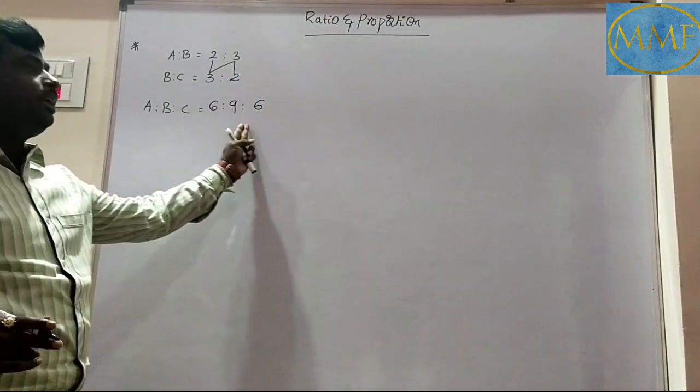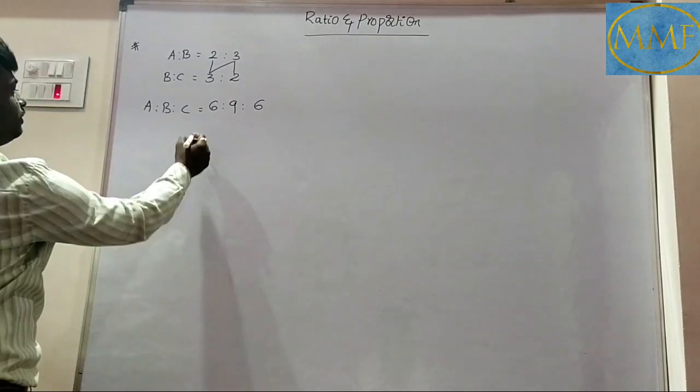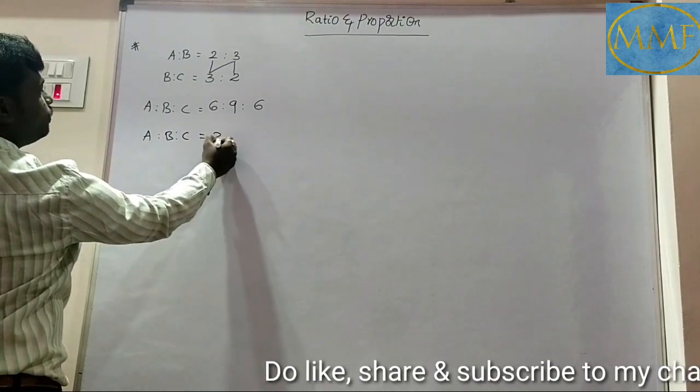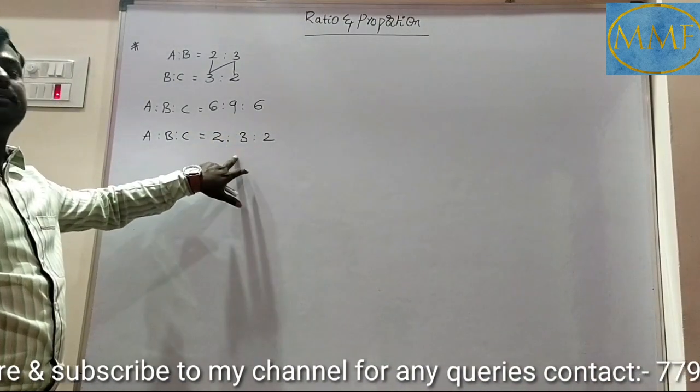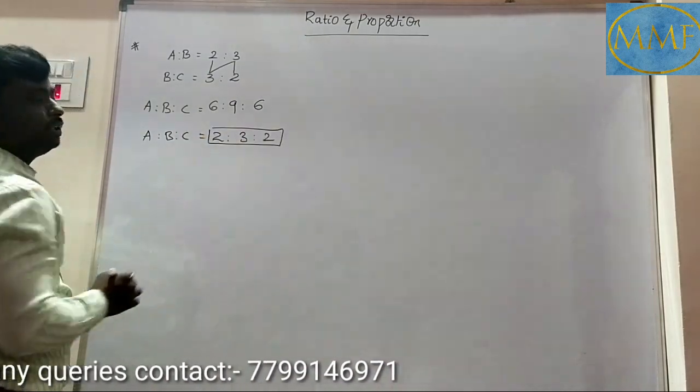Are these numbers divisible by any number? Yes, it is divisible by 3. So 3 2s are 6, 3 3s are 9, 3 2s are 6. Again, are these numbers divisible? Not divisible. So then the ratio is 2:3:2.